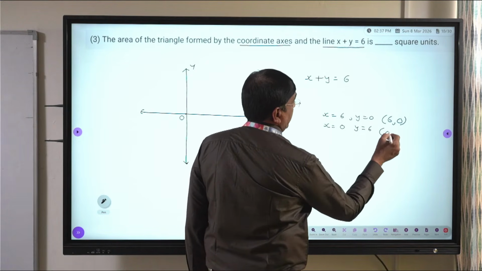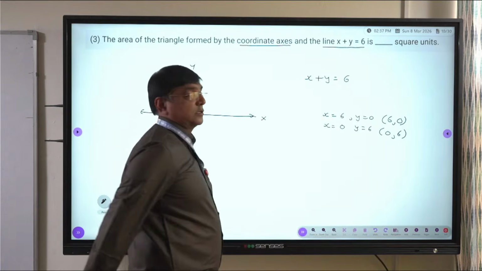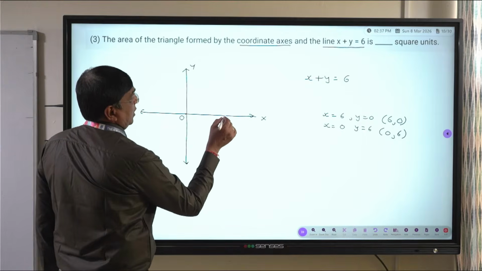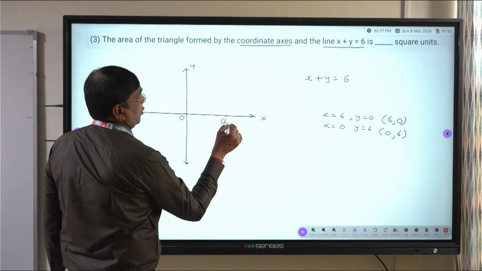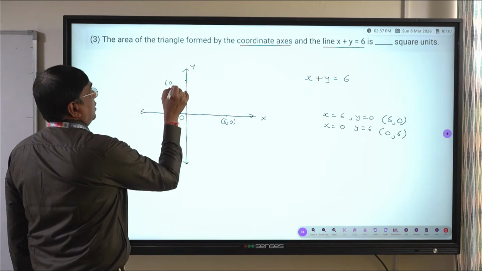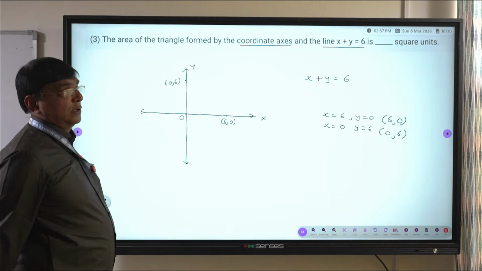So your coordinate is 0 6. Plot these points on the graph. So here we can say it is 6 0 on x-axis and 0 6 is on y-axis.